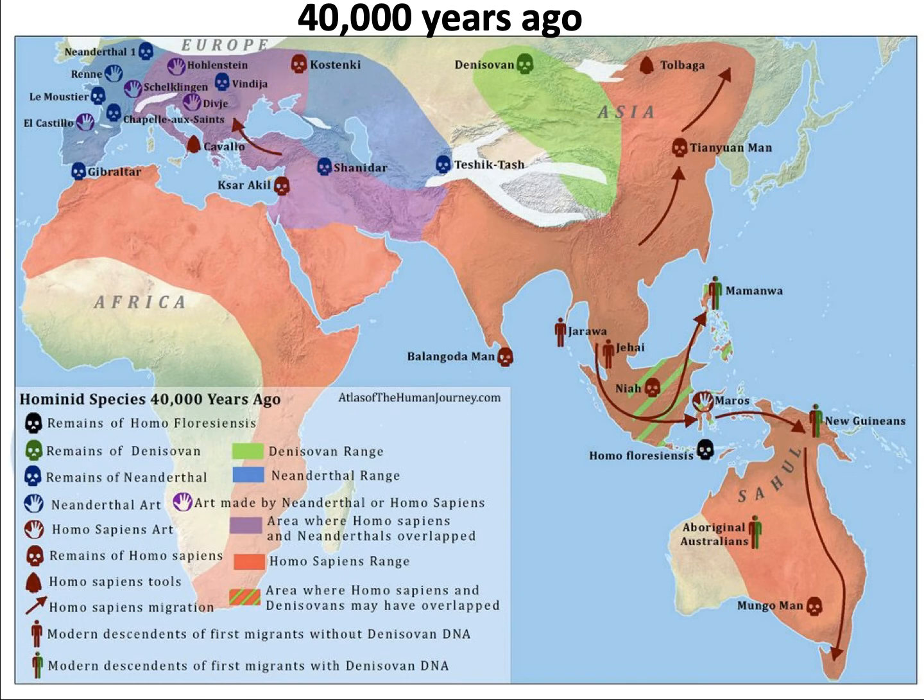And then up in northern Asia, the Denisovians, which may have been an offshoot of the Neanderthals, were also present and mixed. There were hybridizations between the Homo sapiens and the Denisovians as well.